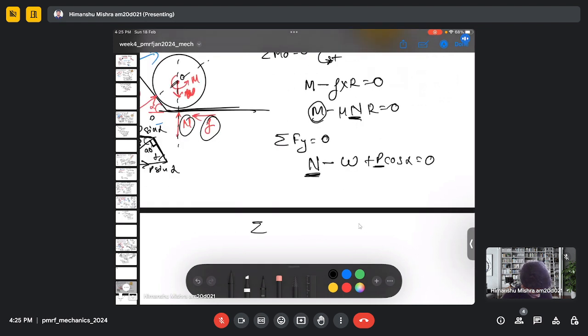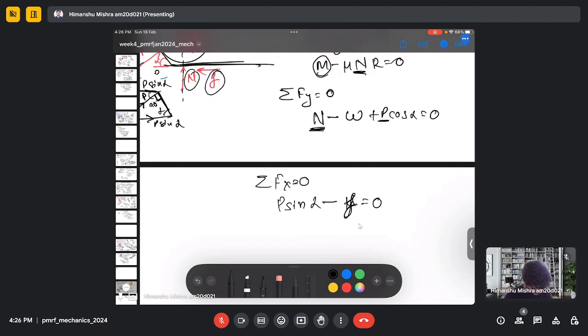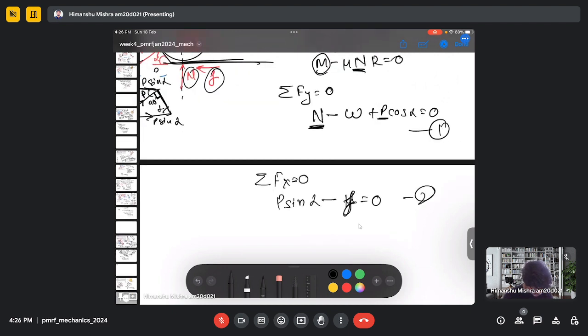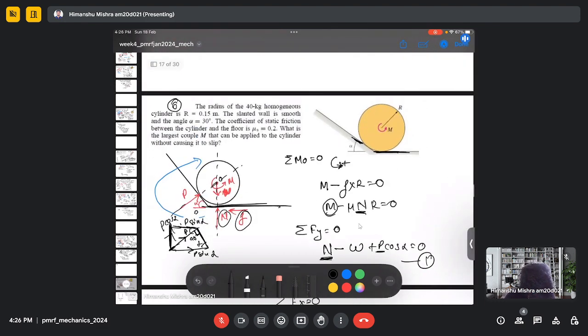So now let's do the force balance, the summation of forces in the horizontal direction. And here we have P sin alpha minus the friction force equal to 0. So I can write P sin alpha equal to mu N. So I can write N as P sin alpha by mu. So alpha is 30 and mu is 0.2.